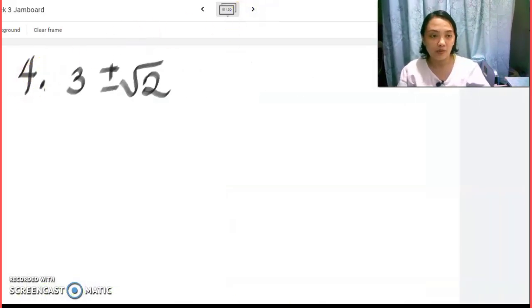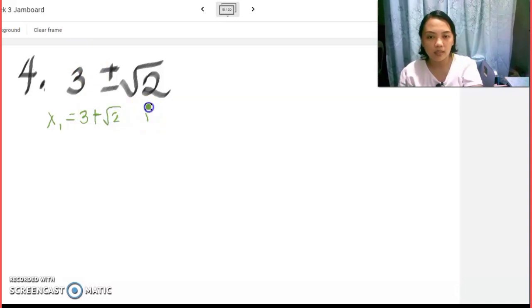Next, number 4. How about this? x equals 3 plus or minus square root of 2. So our x sub 1 is 3 plus square root of 2, and our x sub 2 is 3 minus square root of 2.